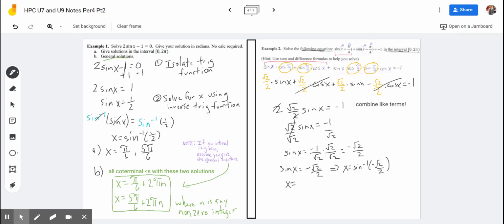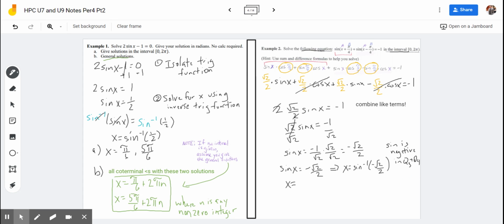So sine is negative in quadrants 3 and 4. Using pi over 4 as our reference angle, it would be pi over 4 units below.